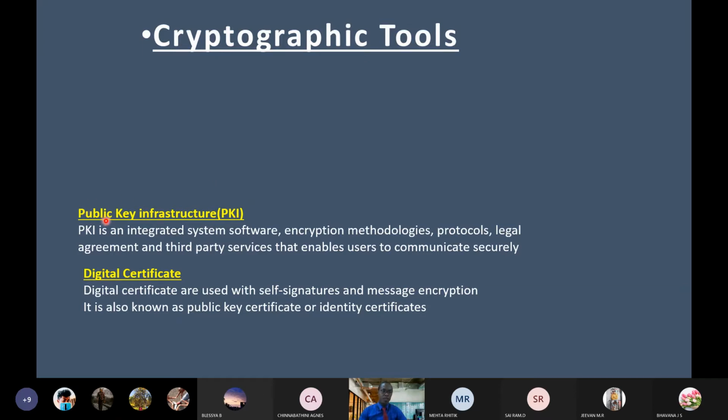Number one, we have something called PKI. PKI stands for Public Key Infrastructure. As I mentioned earlier, it will act as a third party. Third party means a database or a key store.